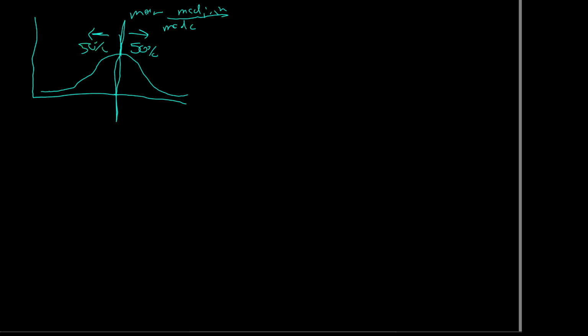So even though this goes off to infinity this way, if I work my way from infinity to this point, I have a 50% chance of grabbing stuff. And if I work my way from here all the way out to infinity, there's another 50% chance. And so the amount of stuff divides around that 50% line.